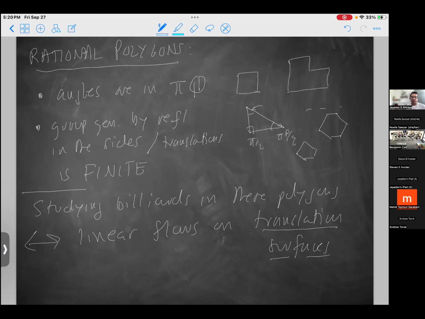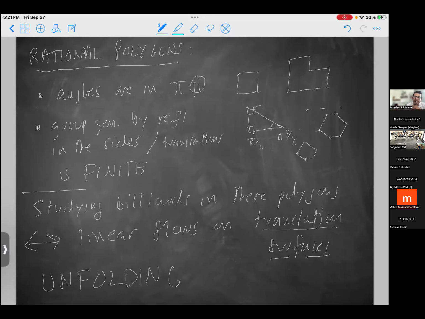Translation surfaces are some of my absolute favorite objects in mathematics. And let me explain how you have this connection. This connection happens through something called unfolding. And before I give you the definition of a translation surface, let me show you how unfolding works.